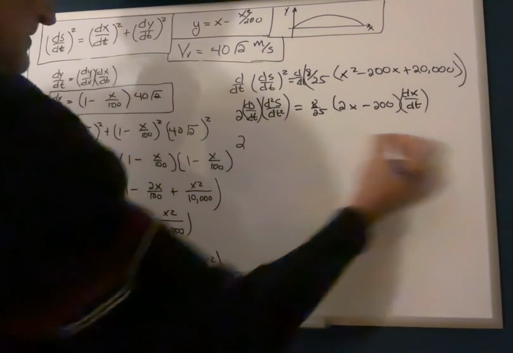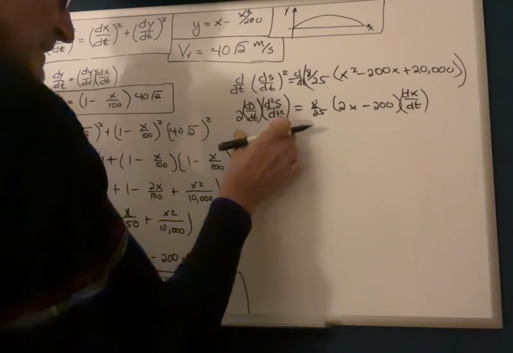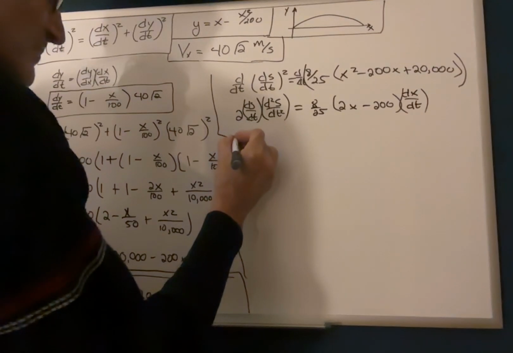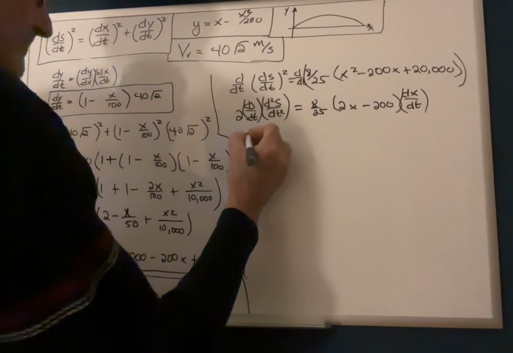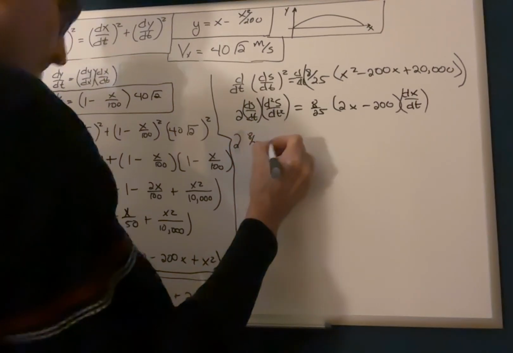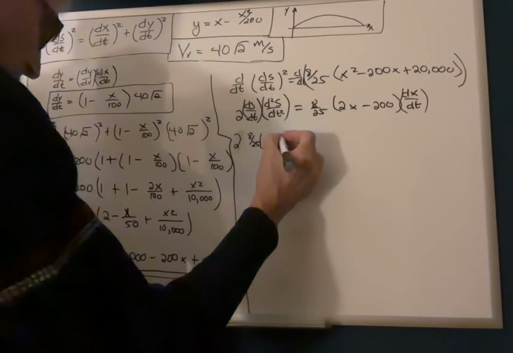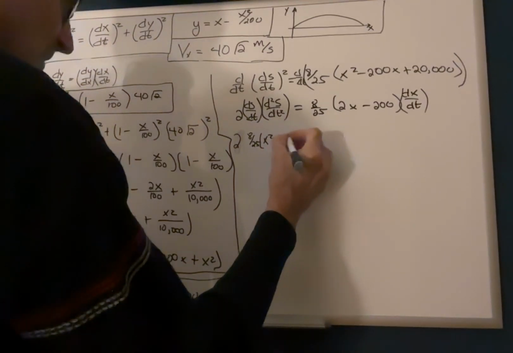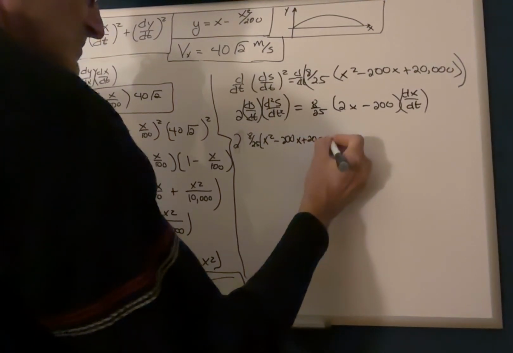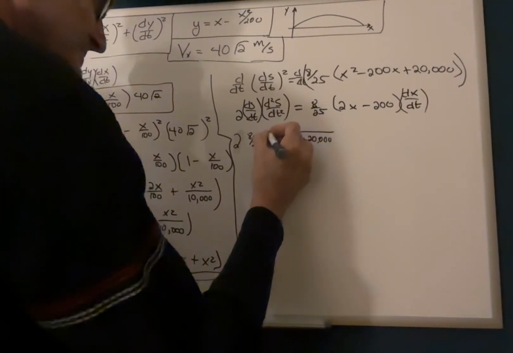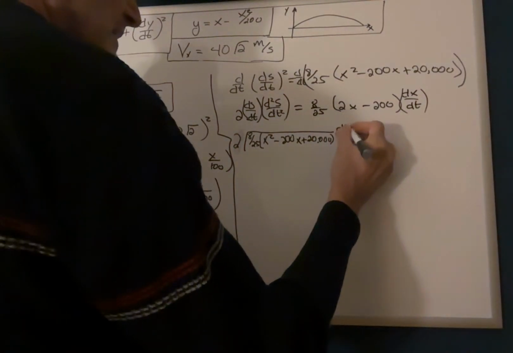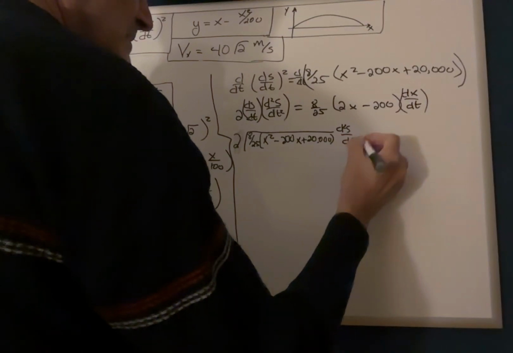There's not much room here, but I'll try to squeeze this all in, which would be 2 times the square root of 8 divided by 25 times x squared minus 200x plus 20,000, times our acceleration, which is d squared s over dt squared.